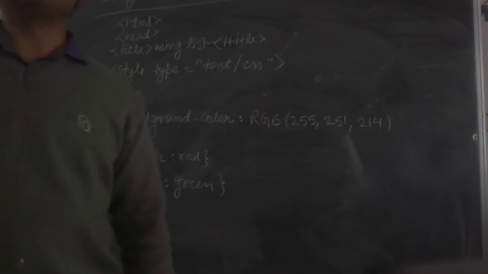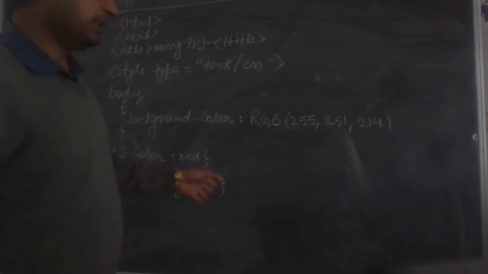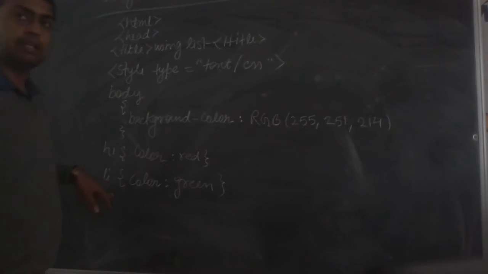Now whatever the color codes you are giving, that color codes will go inside that particular tag. Means I have written something here for Li, so this color will be applied on Li, this color will apply on H1 and this color will be applied on body. So the output will be according to this.